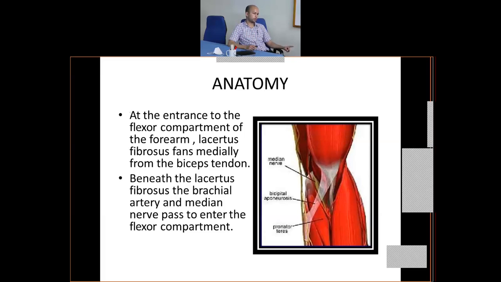First, the lacertus fibrosus, then there is a common flexor origin from where all the superficial compartment flexor muscles originate: pronator teres, then flexor digitorum superficialis, then flexor pollicis longus. So many are there. 6 are there in total. Then in the deep there are 3: flexor digitorum profundus, pronator quadratus.